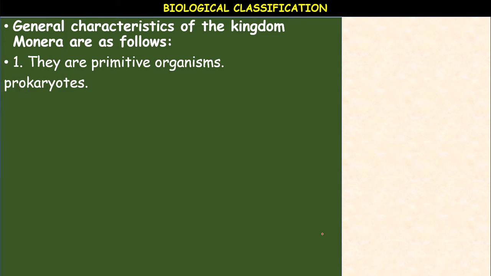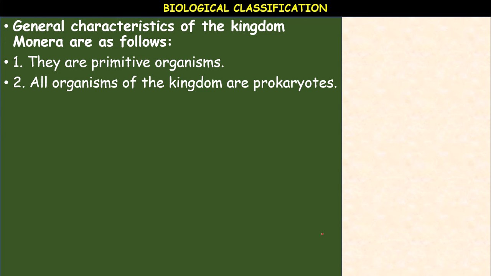Now let us come to the general characteristic features of kingdom Monera in detail. They are primitive organisms. All organisms of the kingdom are prokaryotes, means the nucleus is absent or a primitive nucleus is present. There is no nuclear membrane.